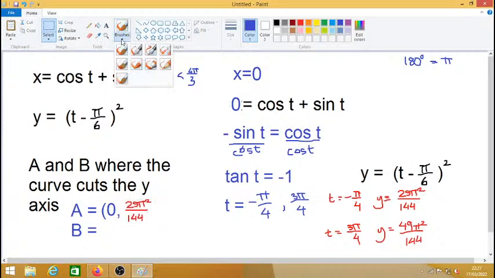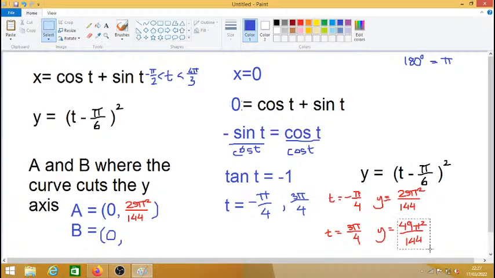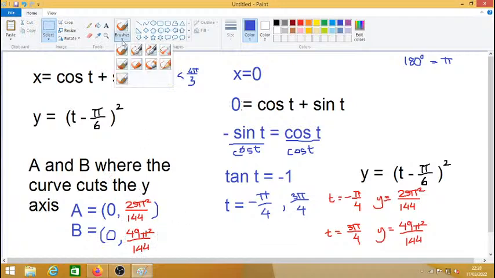That's the first pair of coordinates, and the second one for B, again, x is 0, and the y-coordinate we've worked out just here. And that is your second coordinate. So hopefully that's all understandable.